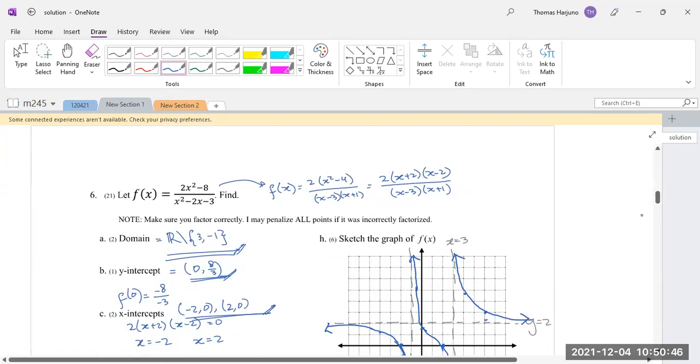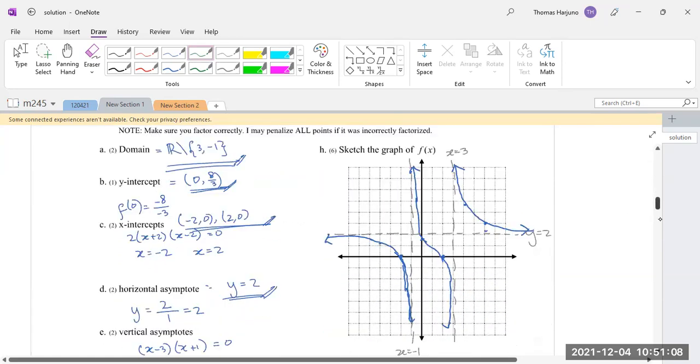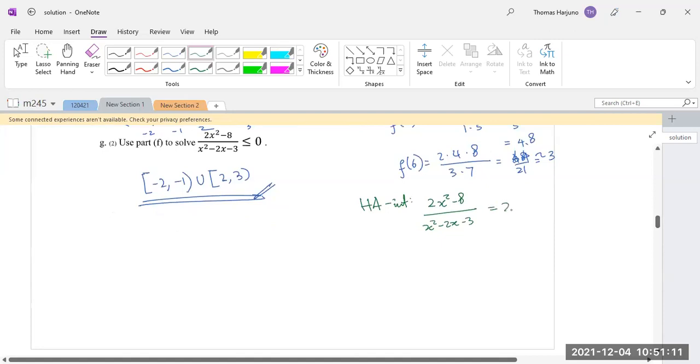Okay, in fact, we can do something though. I would like to know if we have a horizontal asymptote intercept. Now, if you do this in your test, then I give you extra credit, maybe 1 or 2 points. Set the function equal to the horizontal asymptote. So 2x squared minus 8 equals 2x squared minus 4x minus 6. 2x squared cancels.